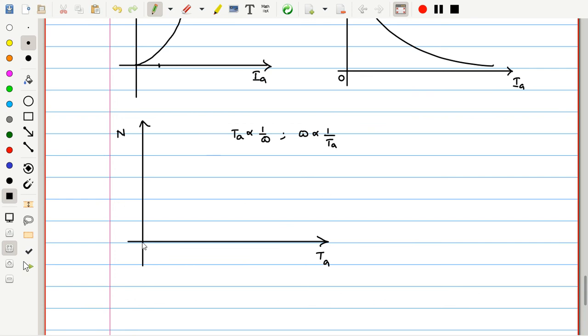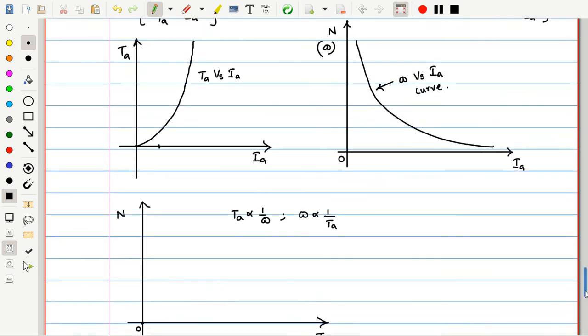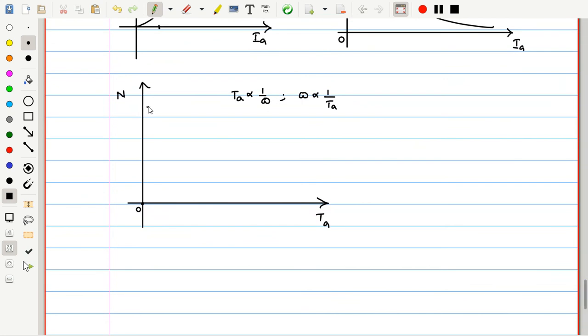So if torque is 0, speed is infinite. It looks almost like the speed versus current nature. This also looks the same: it does not rise, it just keeps falling like this. So this is the speed n versus torque. These are the three characteristics for a DC series machine.